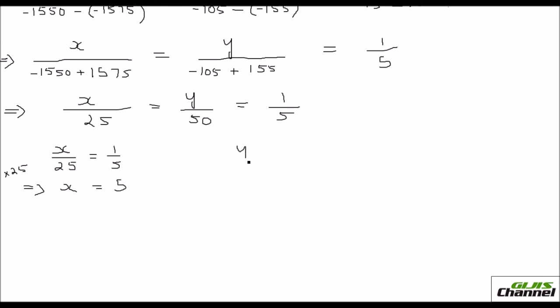Here your y over 50 is equated to the constant term, that is 1 over 5. Now multiply throughout by 50. What do you get? You get your y as 10. So you have the answer for the first question.